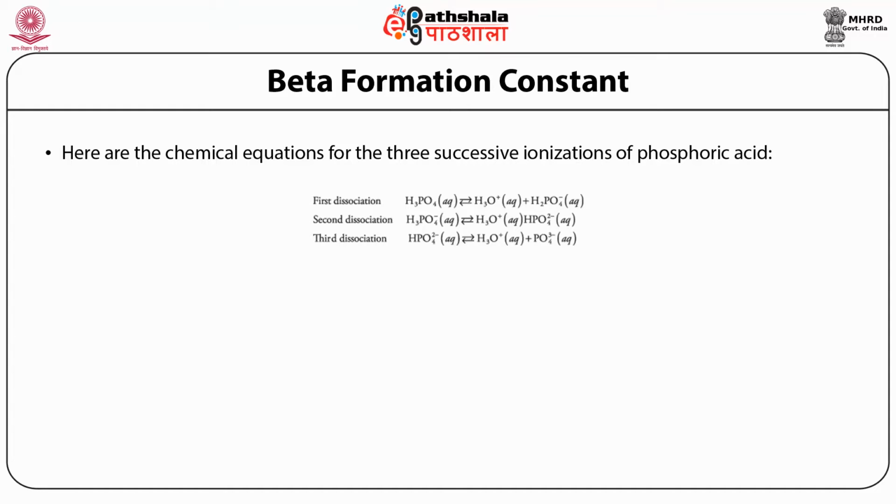Some OH ions will be there. H2PO4 anion will be there. HPO4 anion will be there. PO4 anions will be there. So this is the overall concentration of all species present. Some are undissociated, such as H3PO4, and H2O also remains undissociated in a small amount.